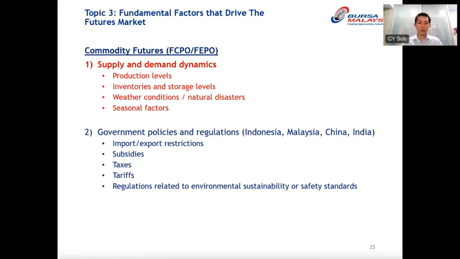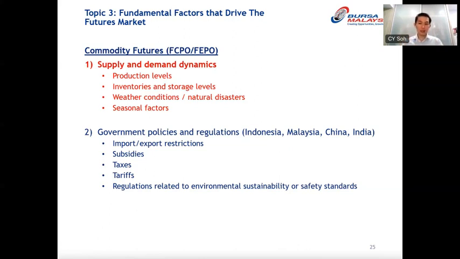For example, an adverse weather condition can affect your harvesting, so this may reduce your supply and lead to higher prices of your agriculture commodities. Another factor that is very closely related to supply and demand is your inventory and your storage level. So inventory levels and storage capacity of commodities can influence your futures price.